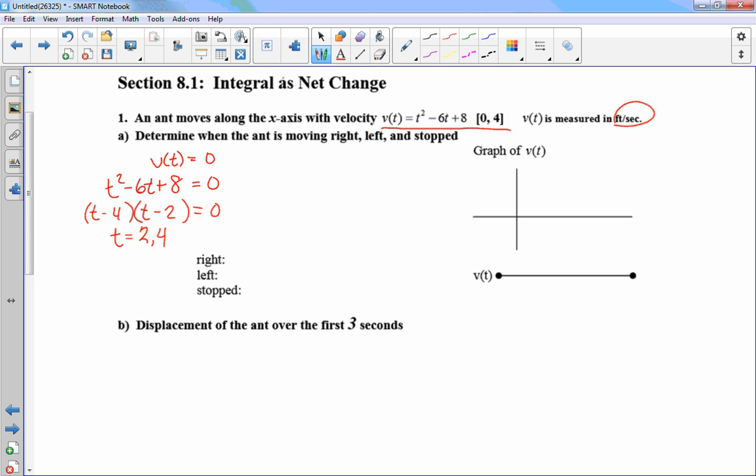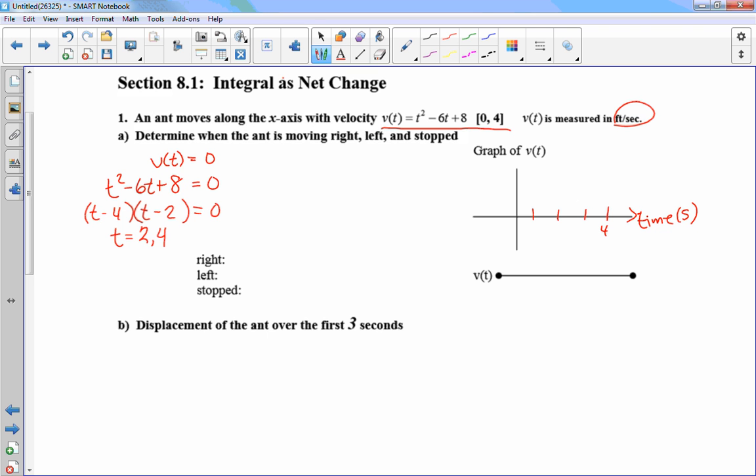Okay, so 1, 2, 3, 4. And the x-axis, feet or seconds? Yeah, seconds, because we just found t, which is time. So everybody, time, in seconds.